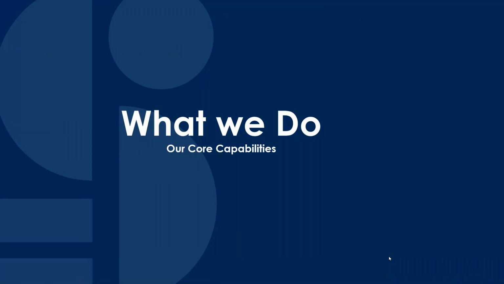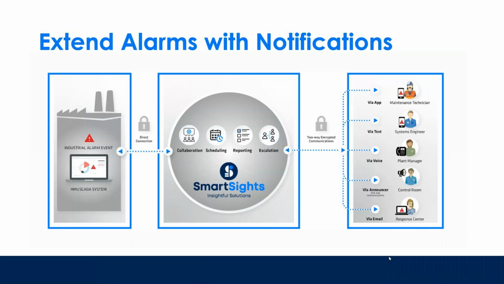So what do we do? SmartSights actually has two parts to its platform. One part is alarm management and notification. What we do is we tie directly to the data source, whether it's a HMI, a SCADA system, or what have you.